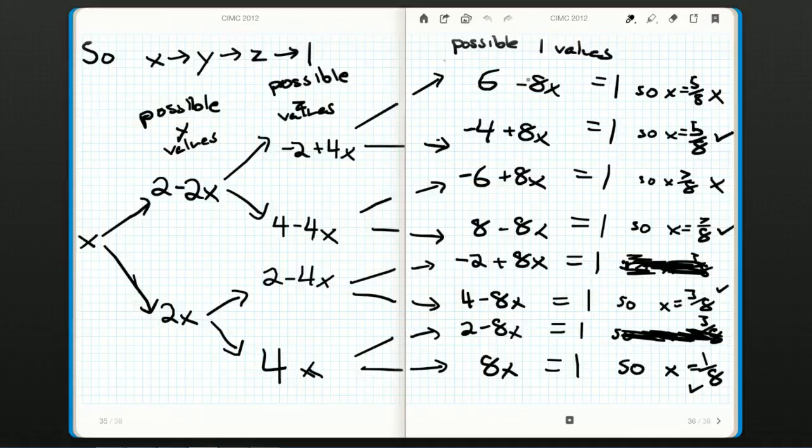But one thing we can say for certain, and we could probably reason this out fairly well, is that after a certain number of steps, after 3 steps, it's going to look like some even integer plus or minus 8 times x. That's probably something we could reasonably prove.